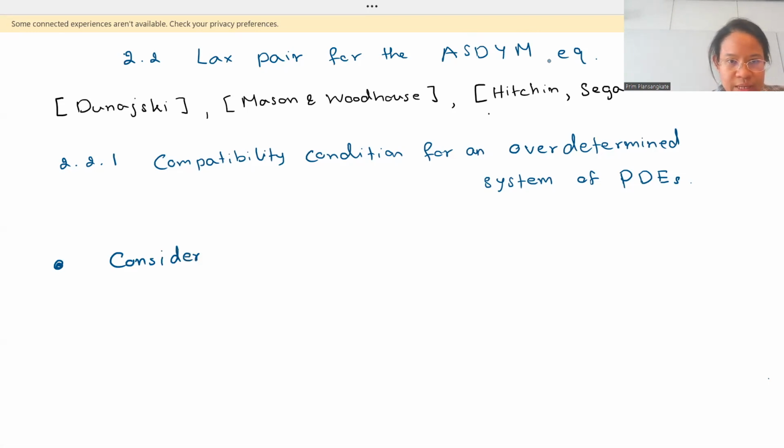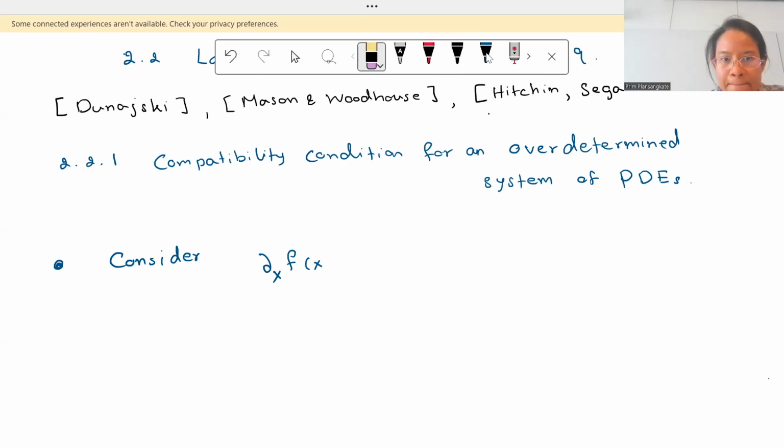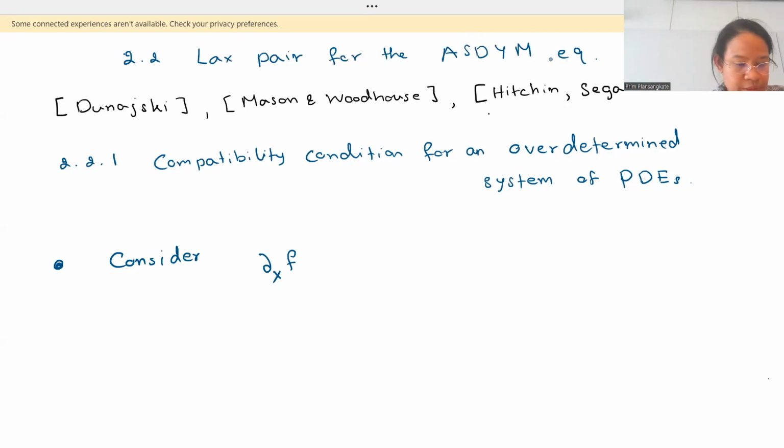Now, for example, consider partial derivatives of f, where f is a function of x and y. So suppose you have a system of PDE like this, where g is some function. In this system, the unknown is f, and g and h are given functions.